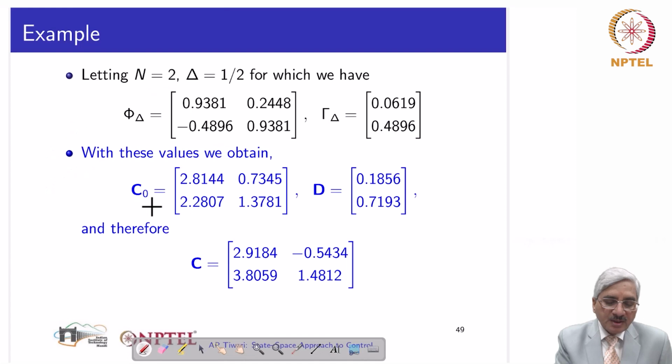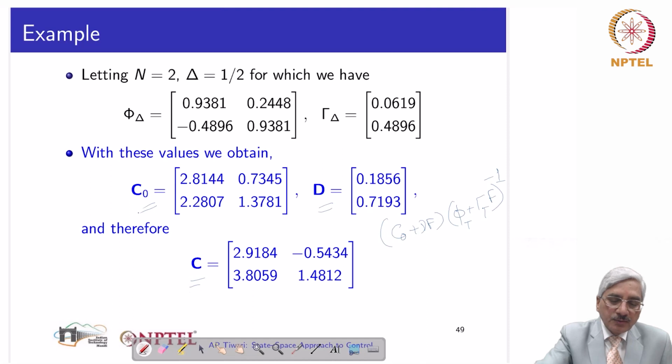From that we obtain this as boldface C0 and this as D, and we combine C0 plus D F into phi T plus gamma T F inverse, we get this.